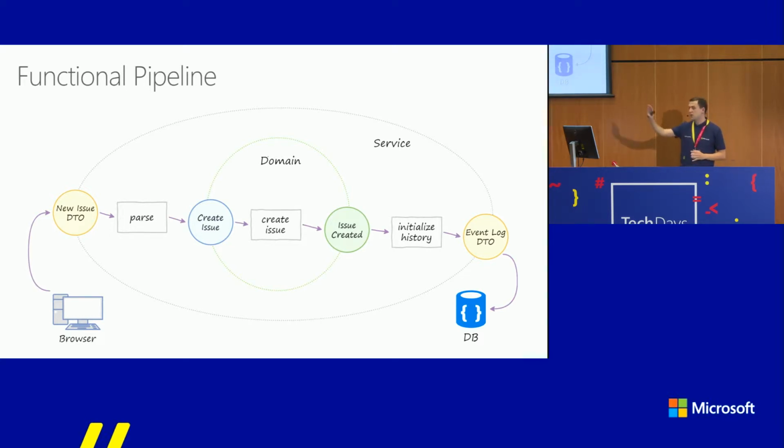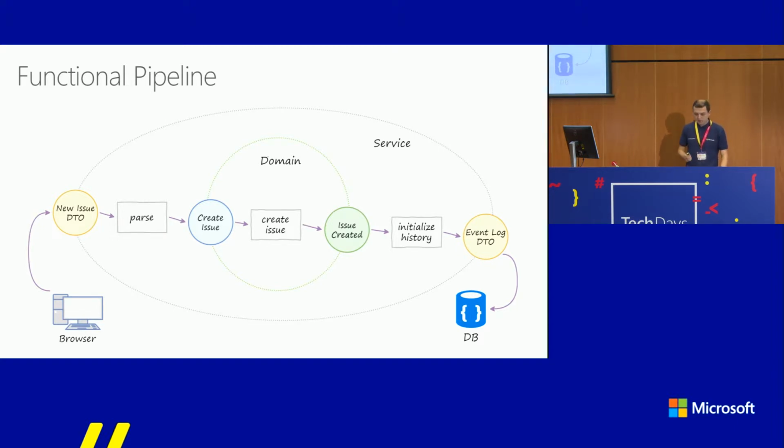So the browser sends a DTO, then we parse it into a command. We pass it to our nice and clean domain. The domain produces an event. Then we call a function to initialize history with just one event. We get a DTO from that function, and we put it into the database. Simple. So it's a very linear pipeline, and our domain sits inside this pipeline.